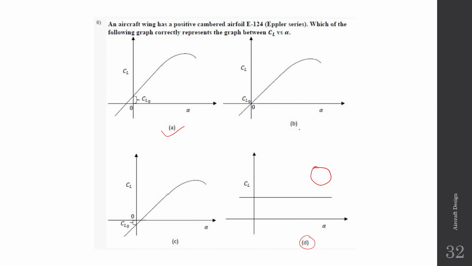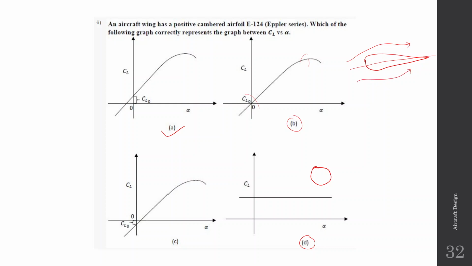Now let us discuss the graph B. In graph B, we can see that at zero angle of attack, your CL is zero, and as the angle of attack is increasing, CL is increasing up to a point. So this is a symmetric airfoil. When you have a symmetric airfoil, the airflow is symmetric on both sides, both above and below.